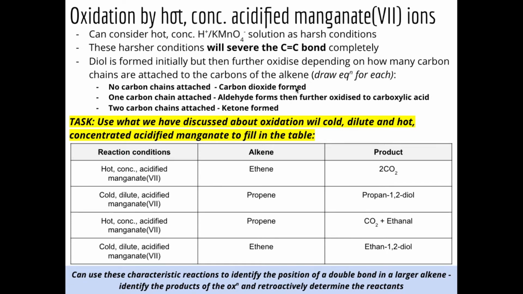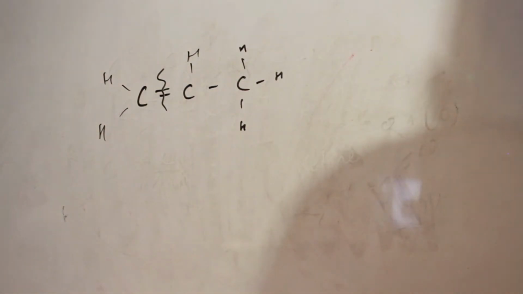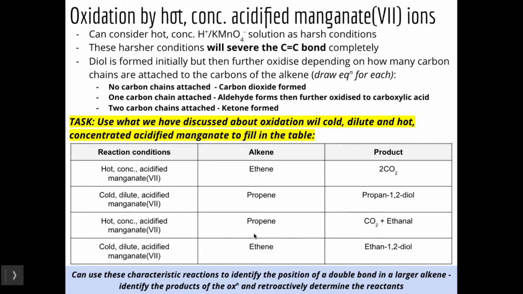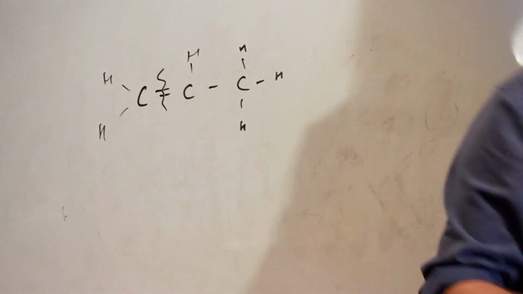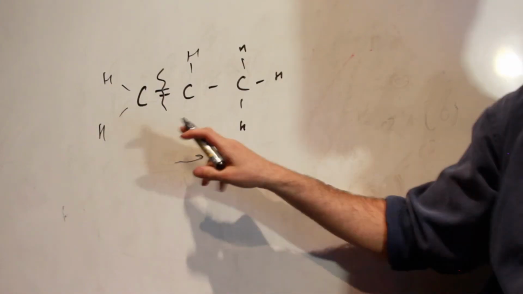And then we have the carbon that has one carbon attached. If we have one carbon attached, then we'll form the aldehyde, and that could also be further oxidized to carboxylic acid. So CO2 plus ethanal, you could also say CO2 plus ethanoic acid would also be appropriate, assuming we have excess. Let me draw that. This isn't a proper reaction by any means, I'm just showing the products.